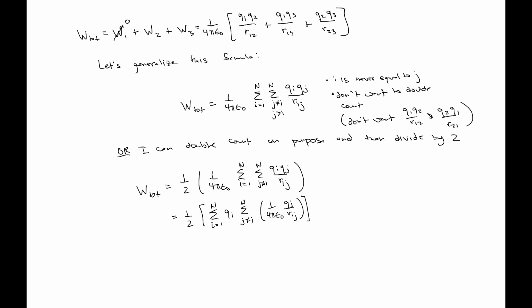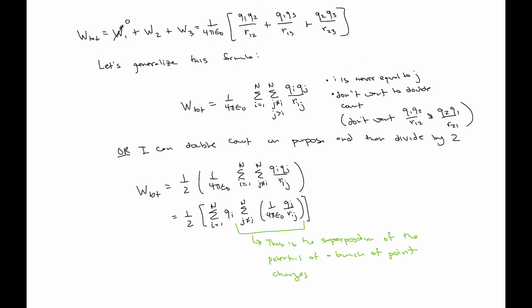Okay, so what I want you guys to notice here is that this is just calculating the potential of a bunch of charges. Okay, so this is the superposition of the potential of a bunch of point charges, okay?